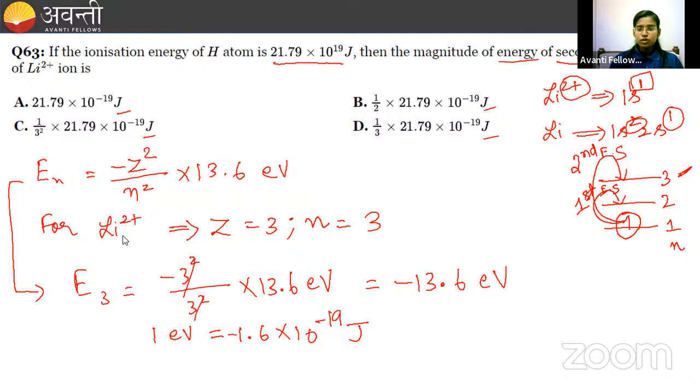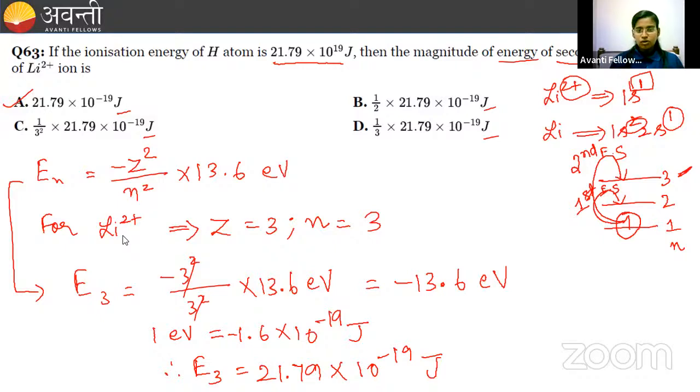So therefore, E3 is equal to, just multiply minus 13.6 into this 1.6. So we will end up with minus 21.79 into 10 to the power minus 19 joule. So option A is the correct answer for this question.